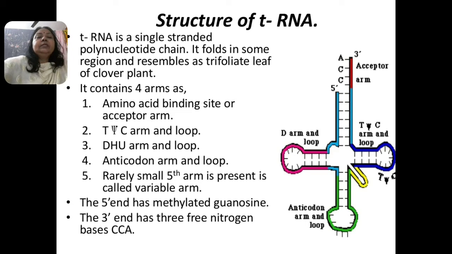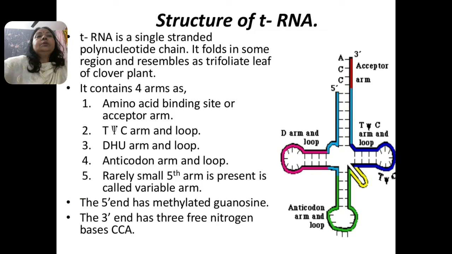Then the T-psi-C arm and loop, which contains thymidine, or we can say pseudouridine or pseudocytidine residues. Third one is the DHU arm and loop.